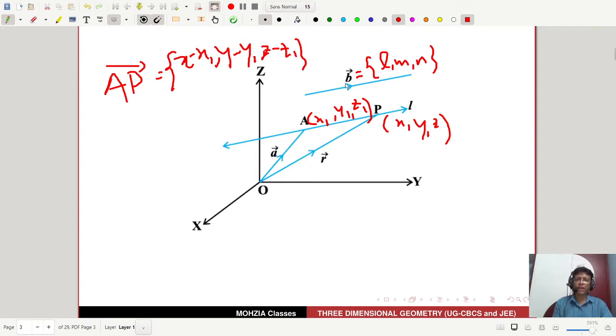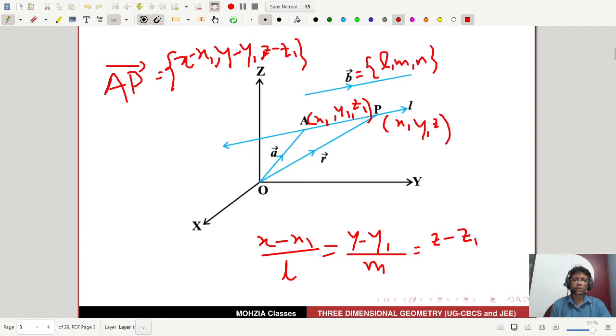Now this AP vector and the direction vector are parallel or they can coincide. So what will be the condition? The condition is that x minus x1 by L, y minus y1 by M. So if I write x minus x1 by L equal to y minus y1 by M and z minus z1 by N, right?